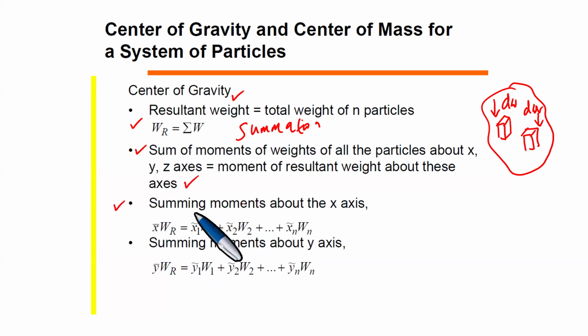To sum the moments about the x-axis, we say that the x component, x bar, which is the x component of the centroid, times the resultant weight is equal to the summation.